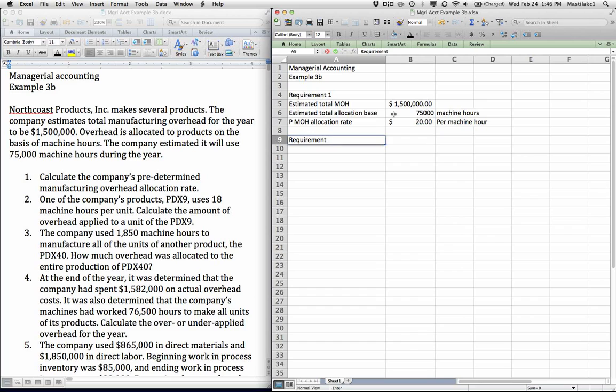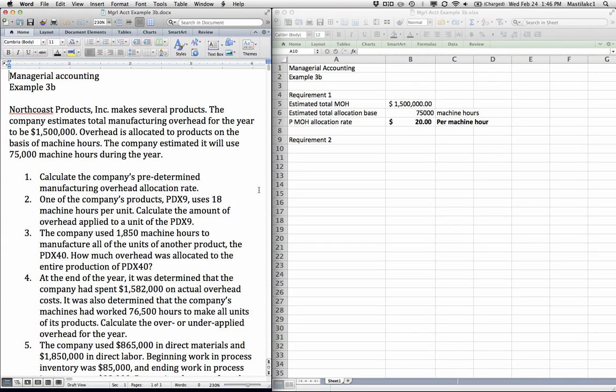Requirement 2, we're going to use this allocation rate to allocate overhead. One of the company's products, number PDX9, uses 18 machine hours per unit. Calculate the amount of overhead applied to one unit of the PDX9.